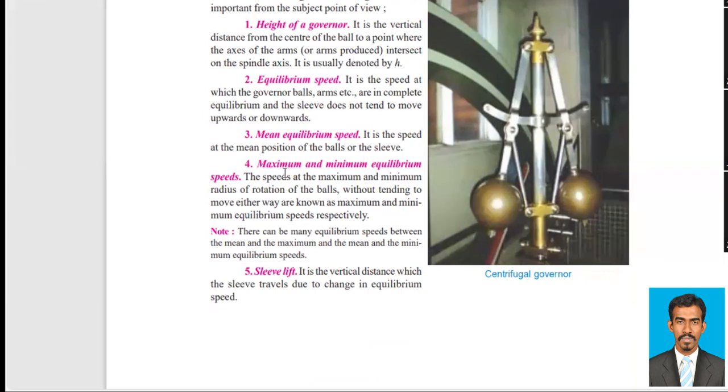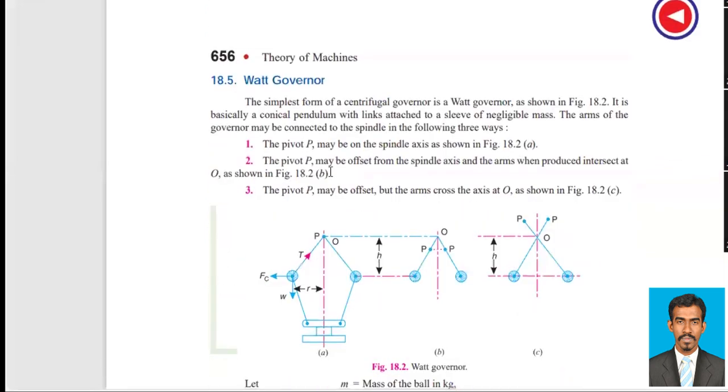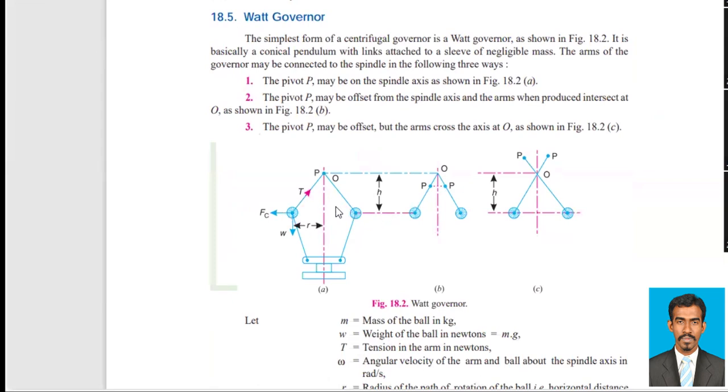Then the maximum and minimum equilibrium speed. The speeds at the maximum and minimum radius of rotation of the balls, without tending to move either way, are known as the maximum and minimum equilibrium speeds. If you take this diagram, the radius is between this ball and the shaft. With the increase or decrease in speed, this ball may move this way or that way.